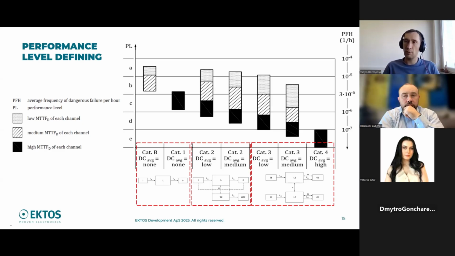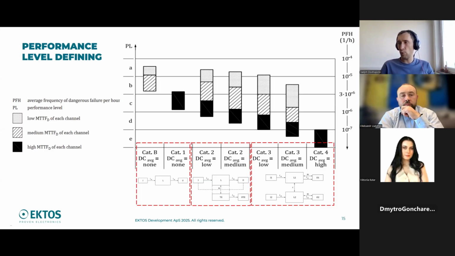For instance, for e-bike control, there is a requirement of C for performance level, and it could be reached if you have very reliable equipment. So it is very simple, and simple components are used there. But I would say it is very difficult to reach this level for this category.